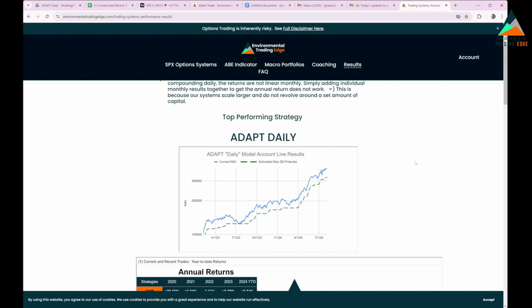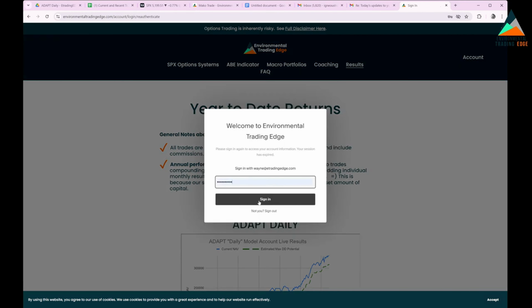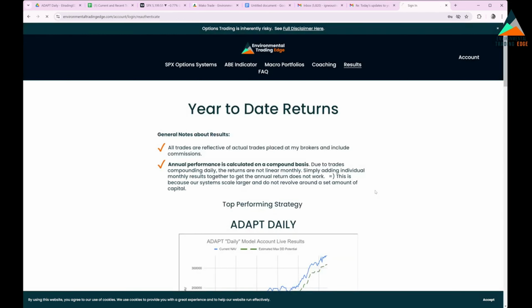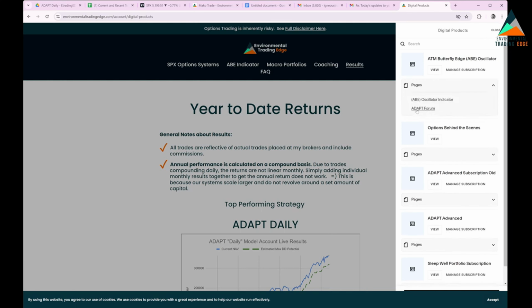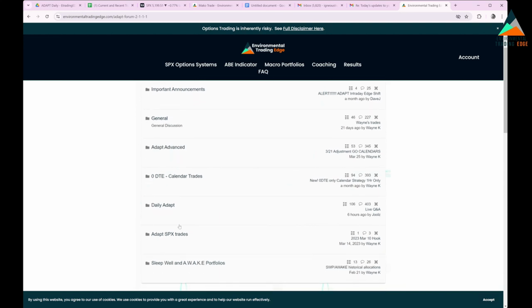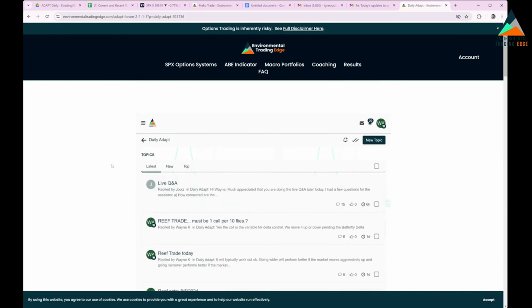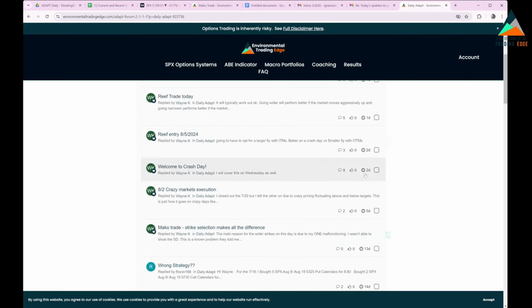Okay, so if I go over here to my membership and I go to account and do my login and sign in, and I go into the Adapt forum, there are different categories here. Of course, I have access to all of them, but if you go into the Daily Adapt right down here, here is all of our forum stuff. I've been posting on here, and this is where I posted everything.